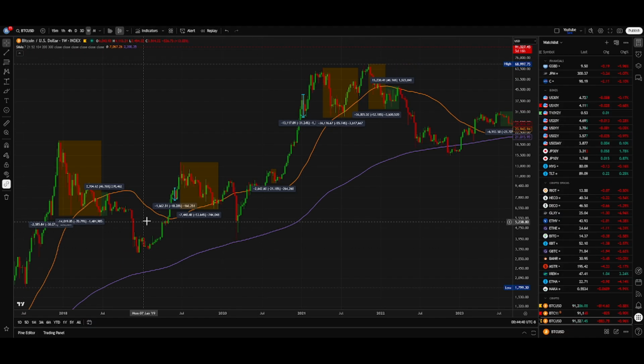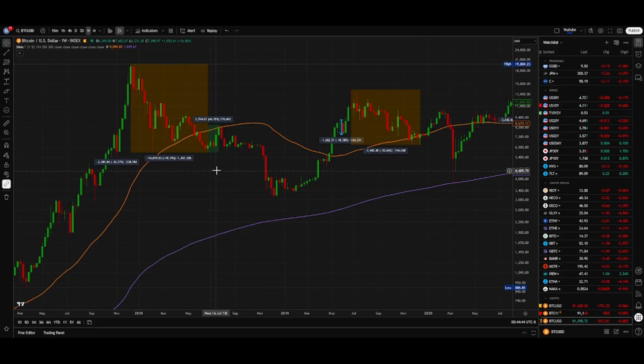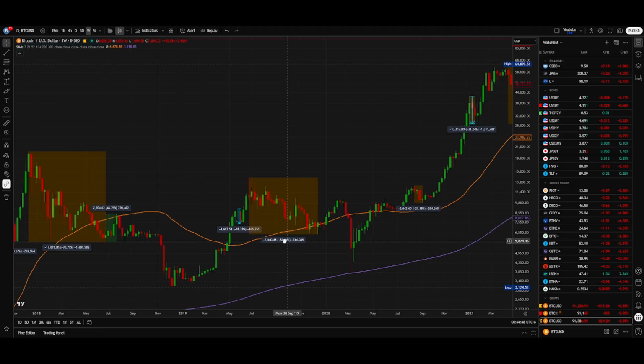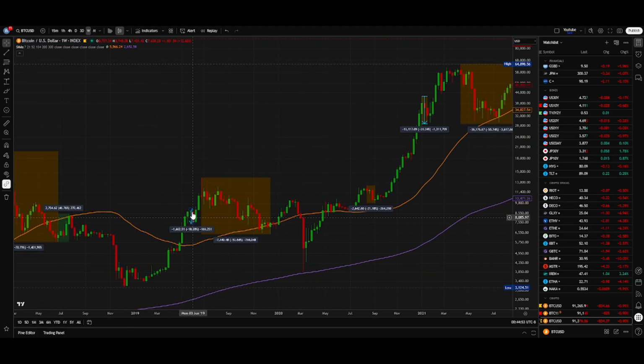You can see that you get these large drops from the all-time high, and then it consolidates, tries to get above it, and goes back down. That was 2018. 2019 was similar from the bottom here. It did a little 18% drop towards the end of the cycle, and then it went up and did a correction of about 50%, tried to get above the 50, failed, broke down, and went and tested the 300-week SMA.